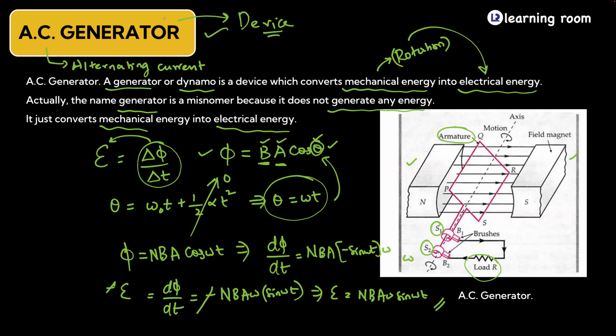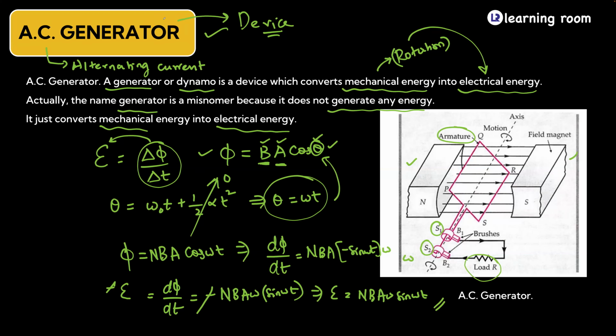Now tell me, initially when the magnetic field is in this direction and the coil is kept like this, what is the angle between the magnetic field and the area vector? It is 90. So when the coil is like this, the area vector is like this and the magnetic field is in this way, so the angle between them is 90. Initially, what is the flux associated with it? 0. So at t equal to 0, the flux is 0.